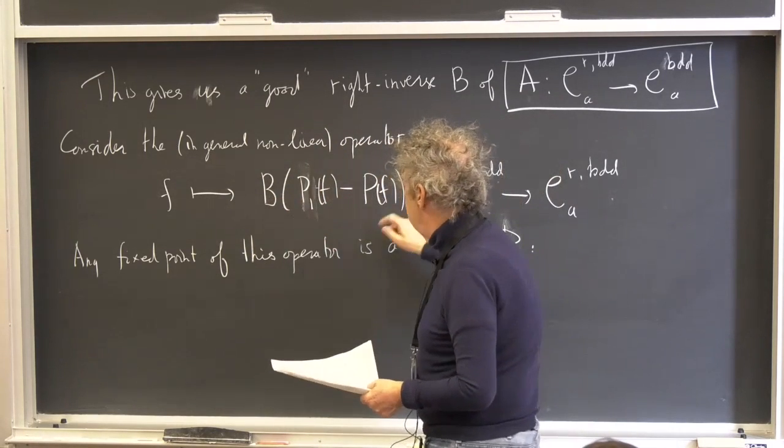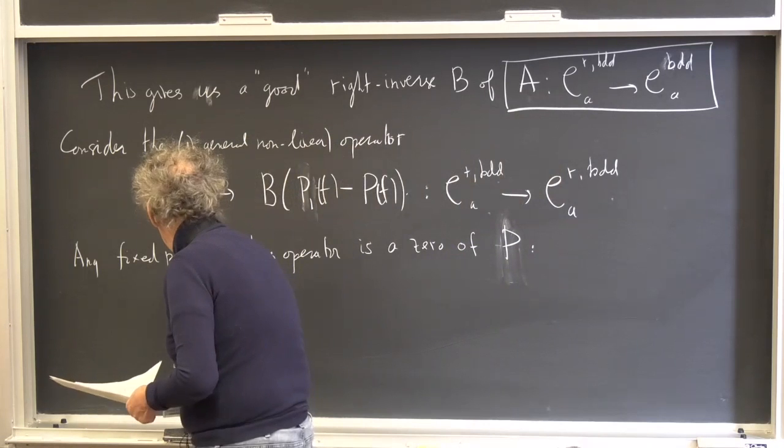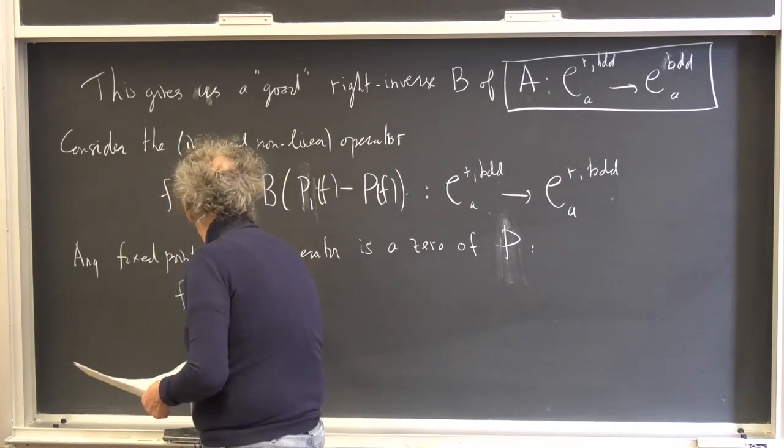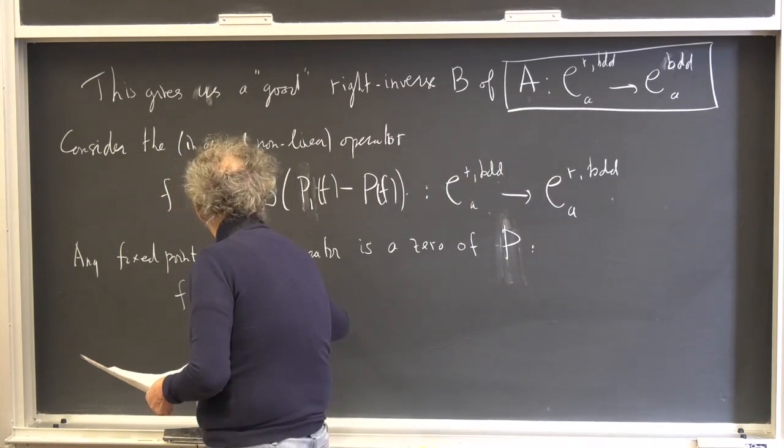What does it mean to be a fixed point? Well, it means F equals B of P1F minus AF.